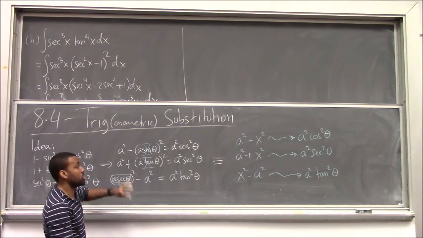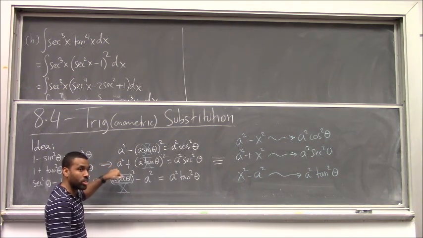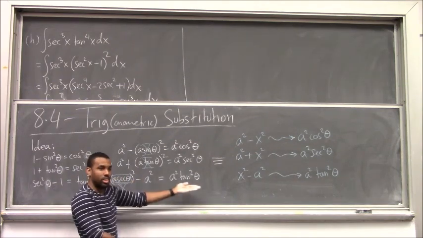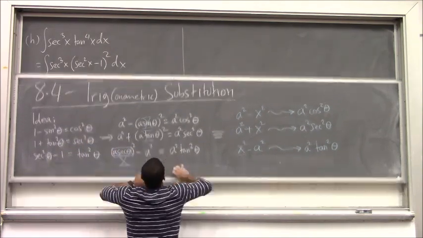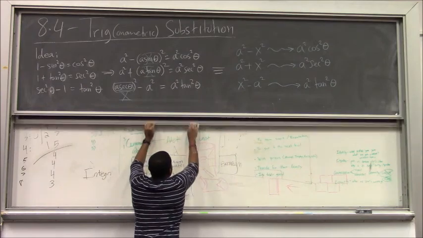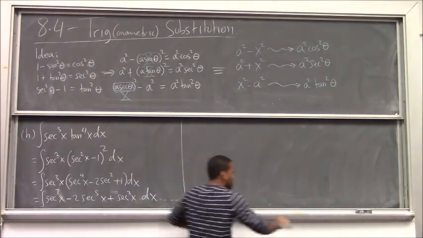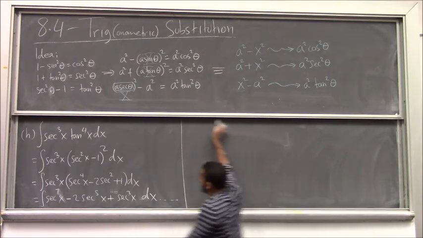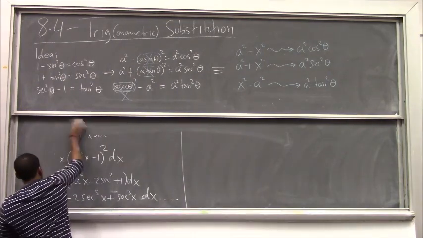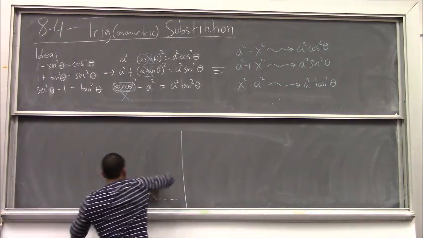If I substitute the x for that trig function, it's all going to work out a lot nicer. This is where the idea is coming from, kind of gooey at this moment, but let's make it more precise. Here's the trig substitution idea.